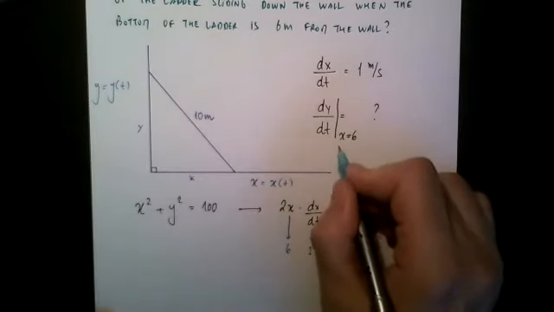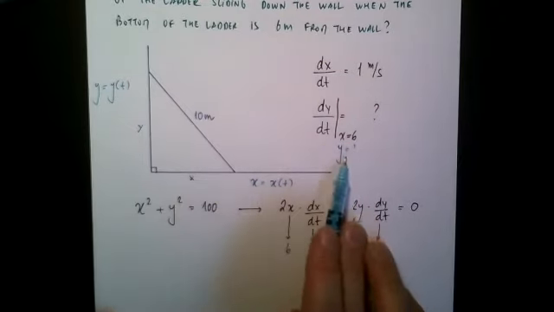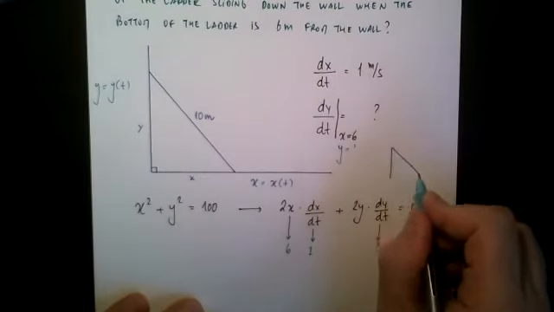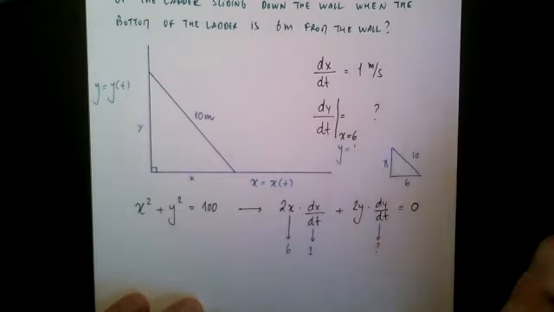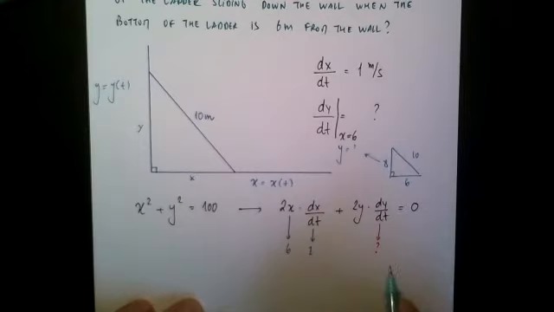Pythagoras theorem, perfect. When x is 6, what's y? It's very simple. This is 10, this is 6, so this has to be 8. There's no choice. Pythagoras. So y will be 8. That's it. I could find dy/dt.